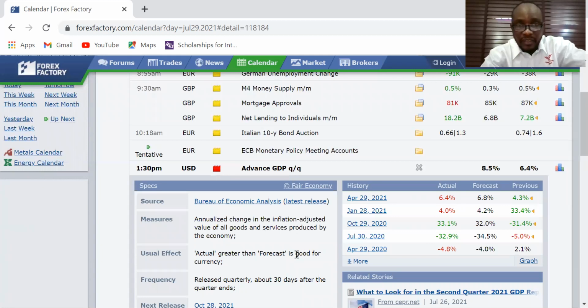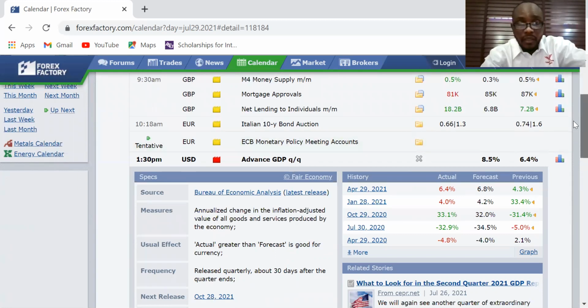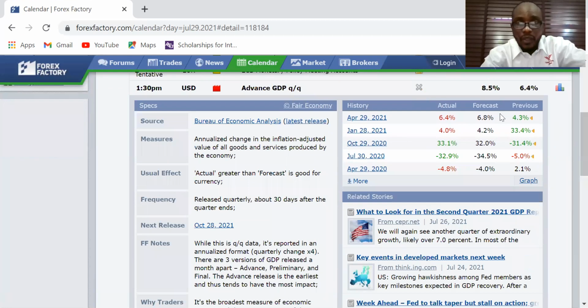This is positive. Since it's positive, it means the market is likely going to go up for a buy. So we're expecting the USD there to go up for a buy.